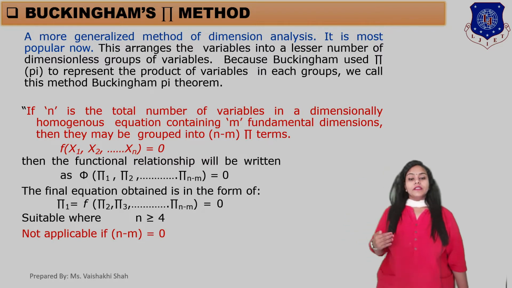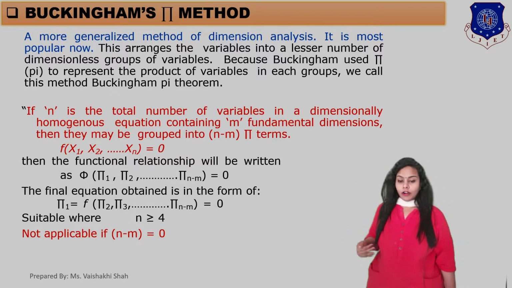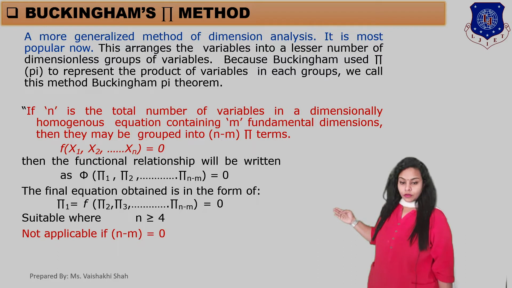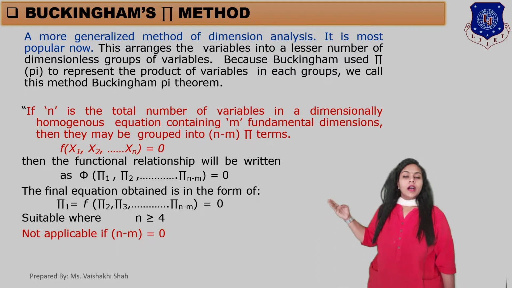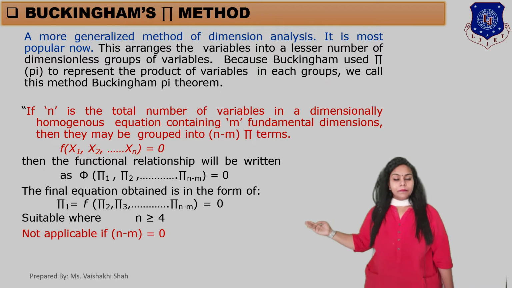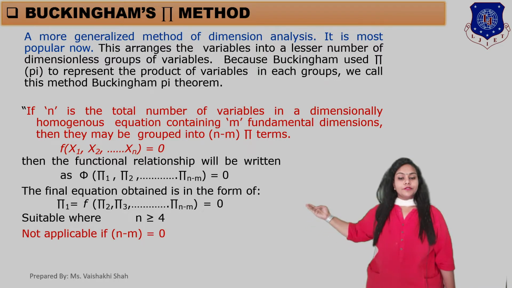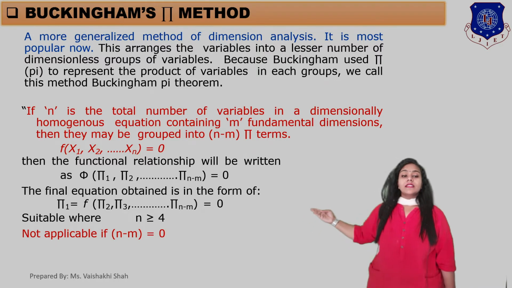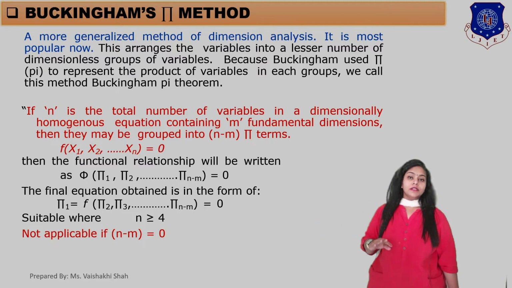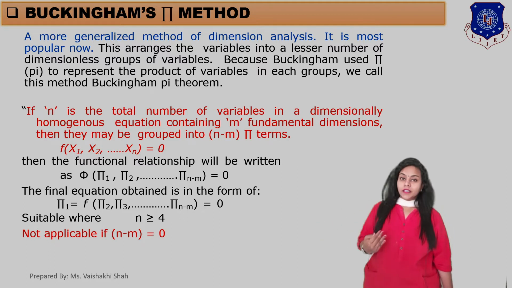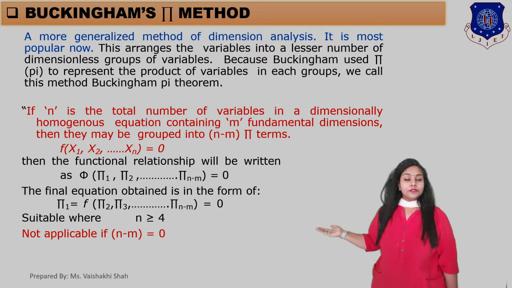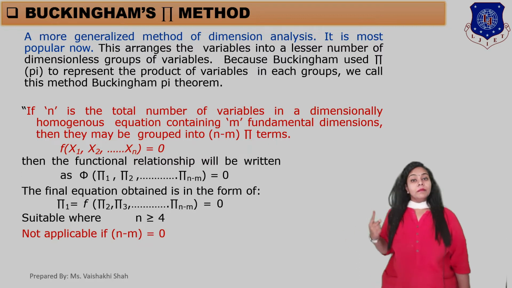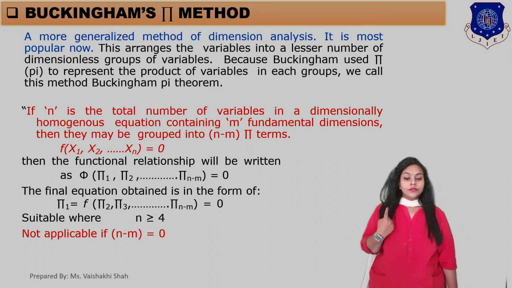The final equation obtained is pi1 equals a function of pi2, pi3 up to pi n minus m. This is the final form of the equation by the Buckingham-Pi theorem, where you replace the terms by pi.